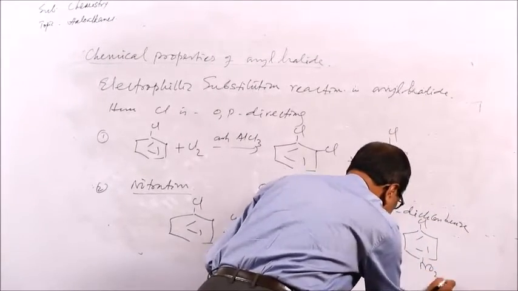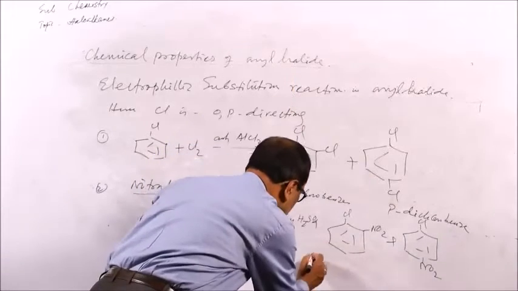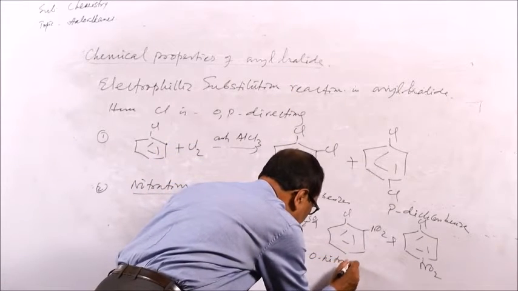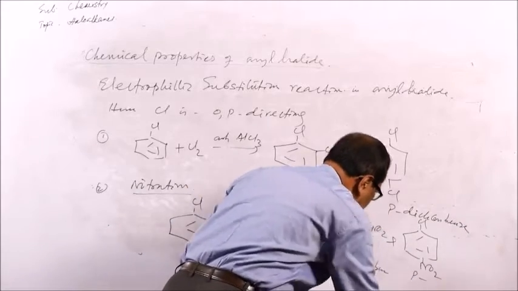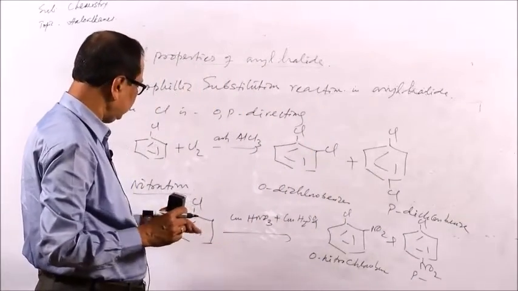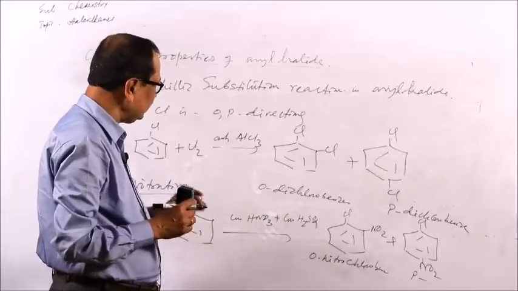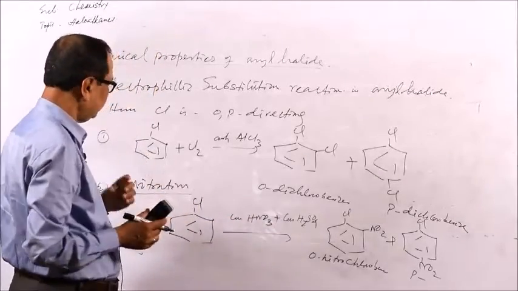So this is ortho nitrochlorobenzene. This is para nitrochlorobenzene. So in nitration, you will see that the nitro group is substituting in the benzene ring. This is an electrophilic substitution reaction.